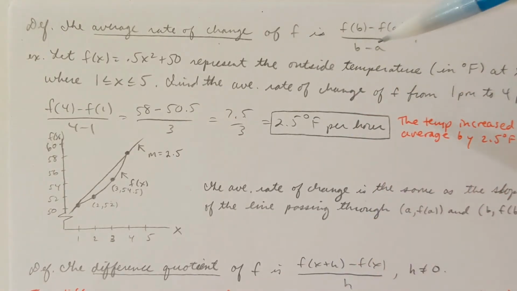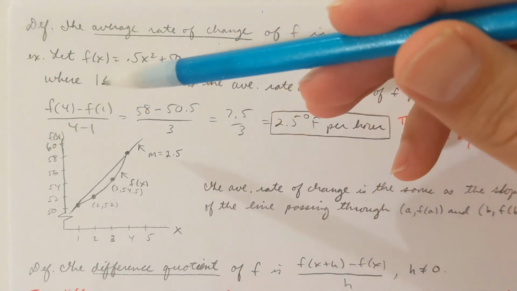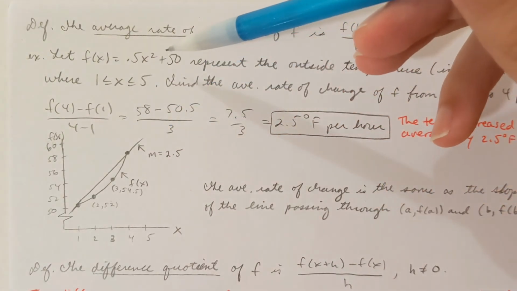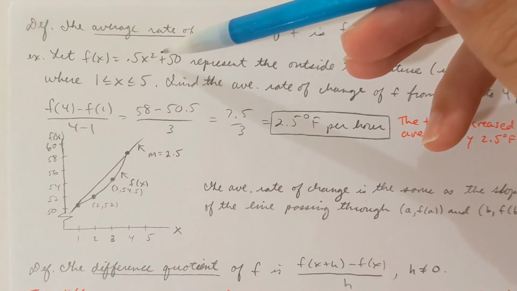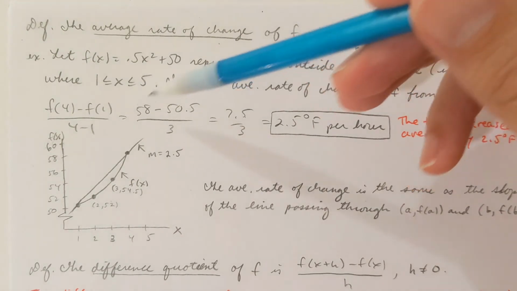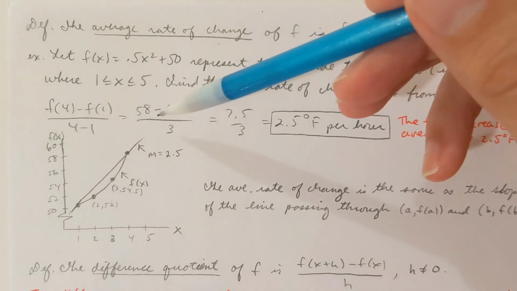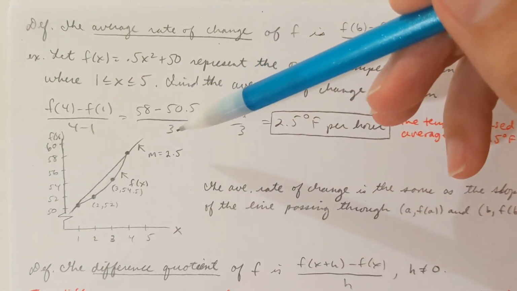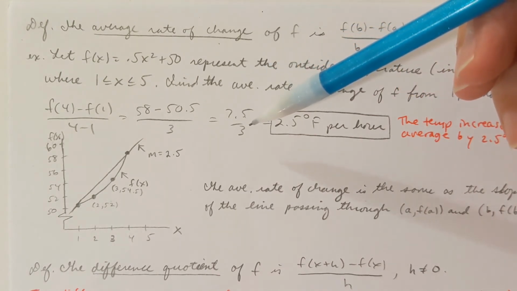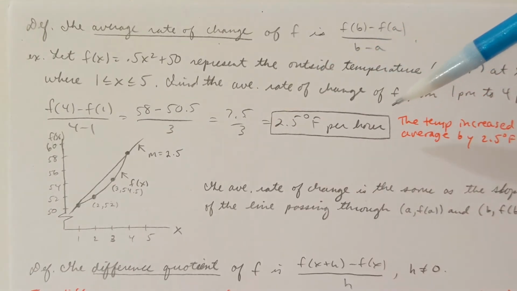So b is always going to be the bigger number. 4 is bigger than 1, so b is 4. F of 4 minus f of 1 over 4 minus 1. F of 4, 0.5 times 16 is 8, plus 50 is 58, minus f of 1, 0.5 times 1 is 0.5, plus 50 is 50.5, divided by 4 minus 1, which is 3. Okay, 58 minus 50.5 is 7.5, divided by 3, you get 2.5 degrees Fahrenheit per hour.